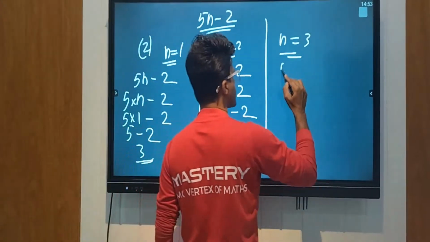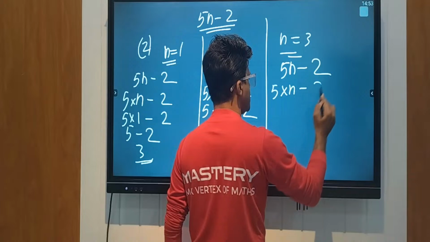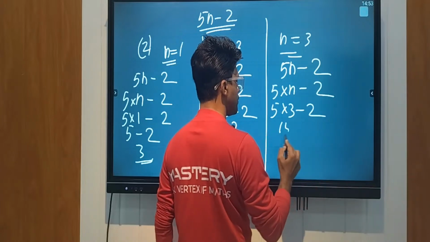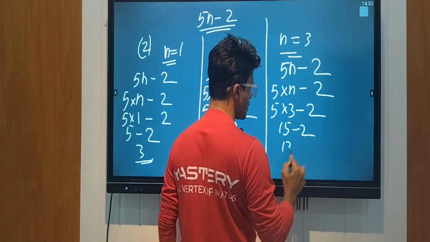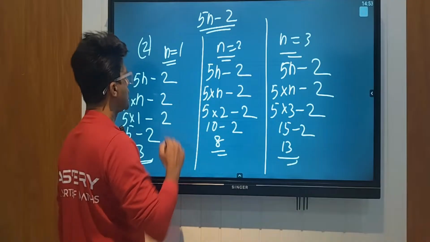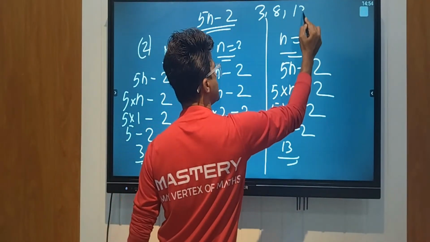The third term: 5 times 3 is 15, 15 minus 2 is 13. So these are the first three terms of this number pattern: 3, 8 and 13.